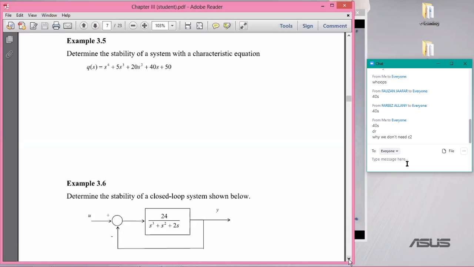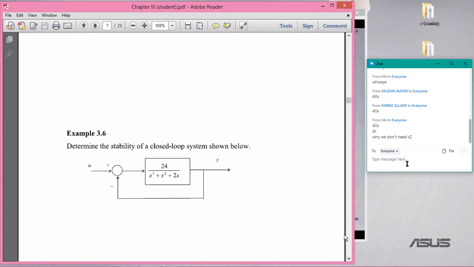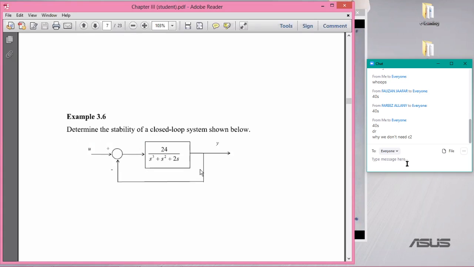Now, example 3.6. Determine the stability of the closed loop system shown below. This is where you are going to make a mistake on your test.